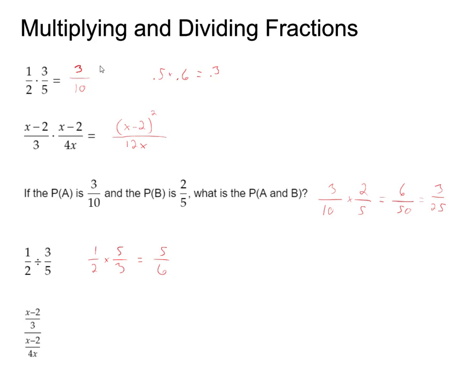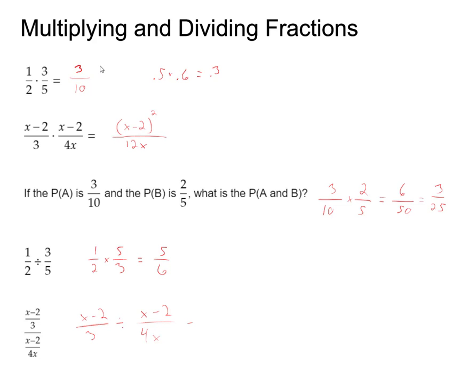We can also write division problems differently. Instead of using the division sign, we can write a fraction over another fraction. So we have (x - 2)/3 divided by (x - 2)/(4x). So this is the same as writing (x - 2)/3 over (x - 2)/(4x).